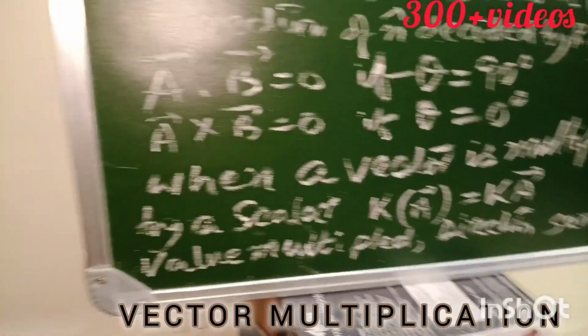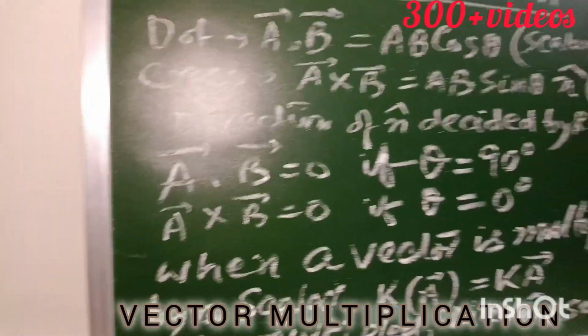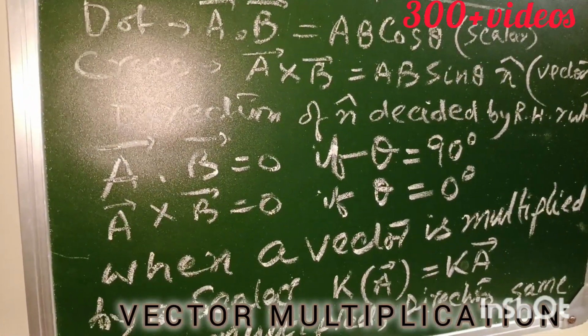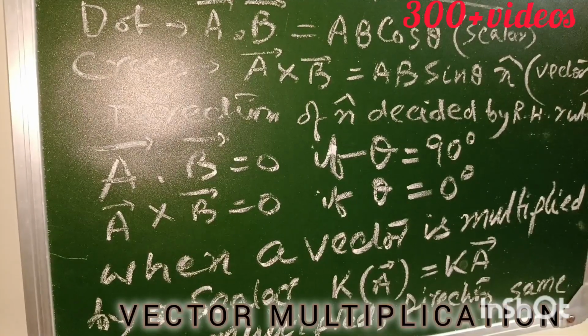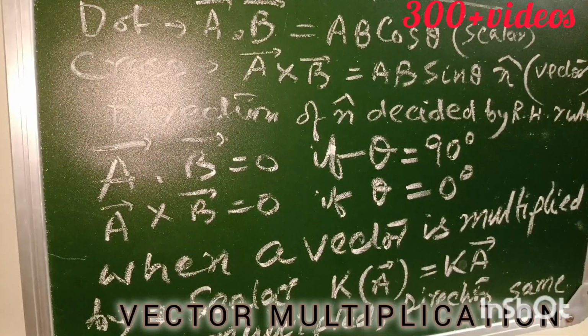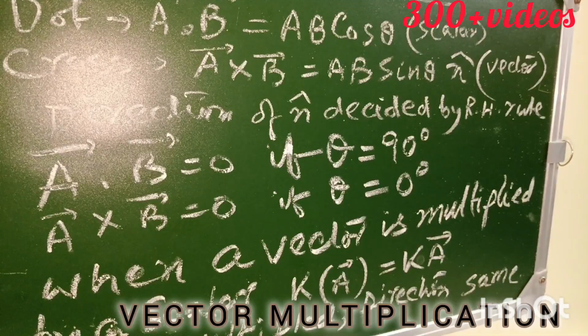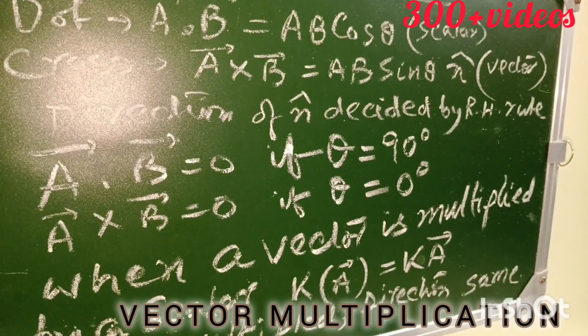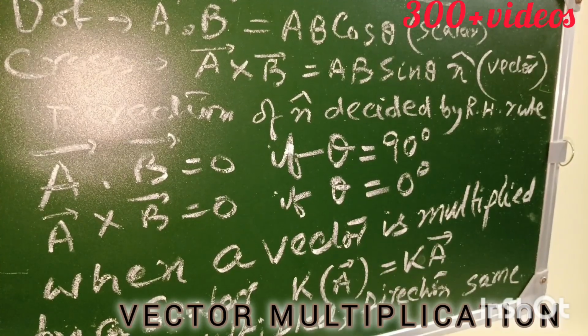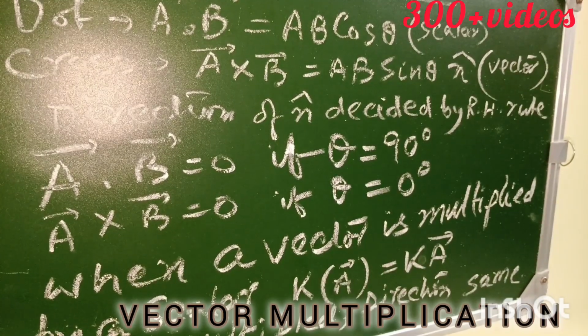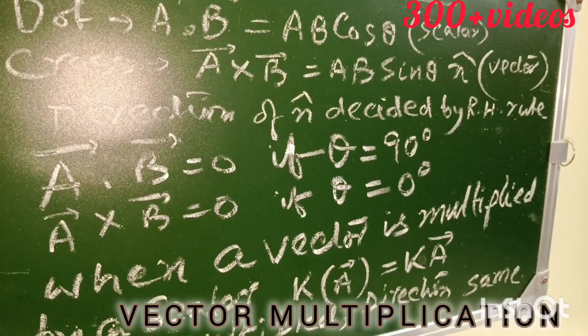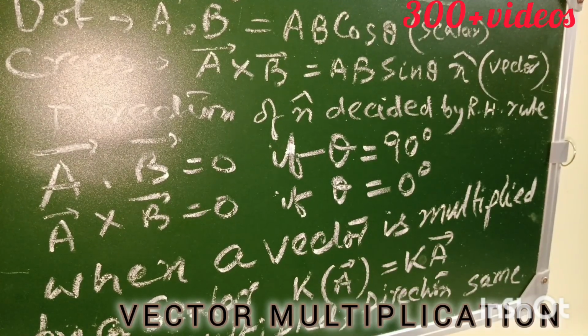So we have to be very careful about these two multiplications. We have to use them judiciously, otherwise our problems will not be correct. In physics, many problems are done with vectors, and in many cases we have the dot product, in many cases we have the cross product.